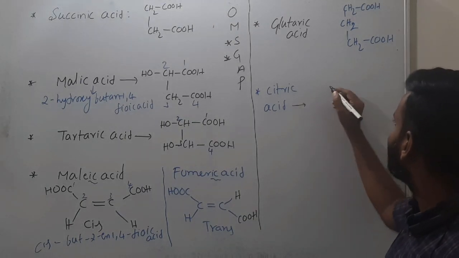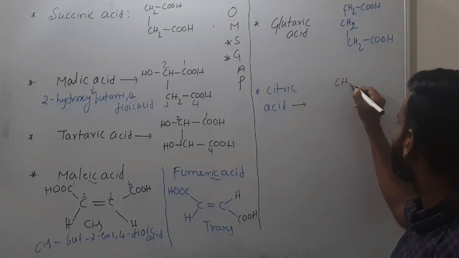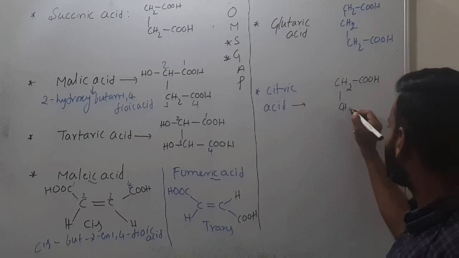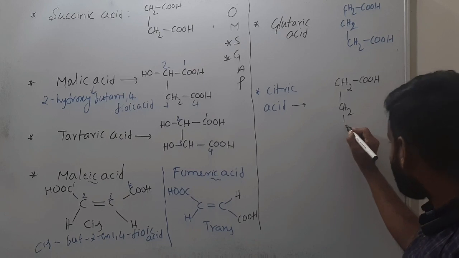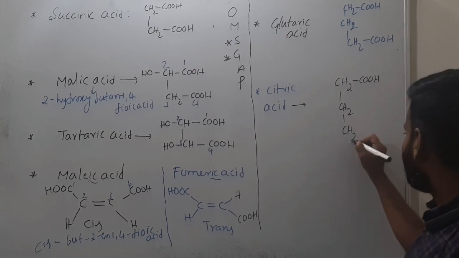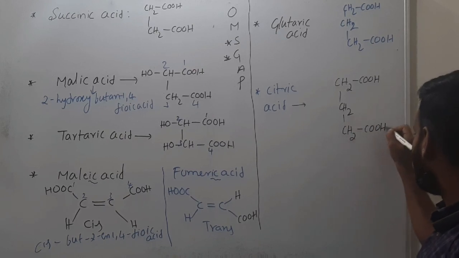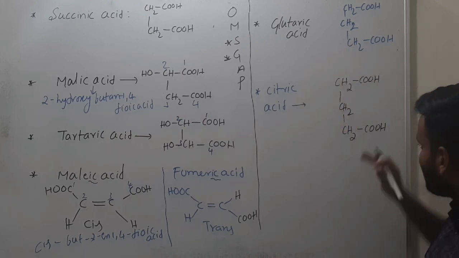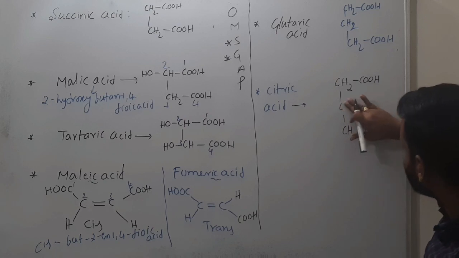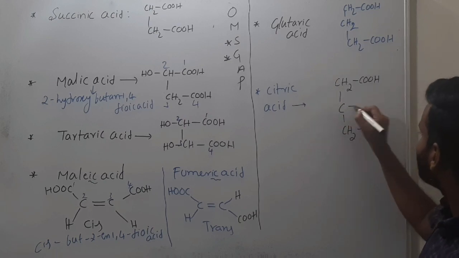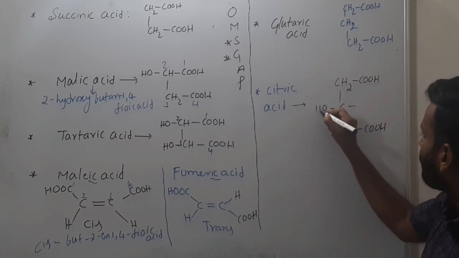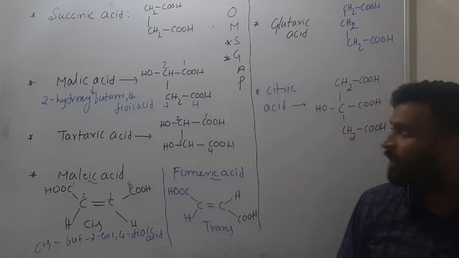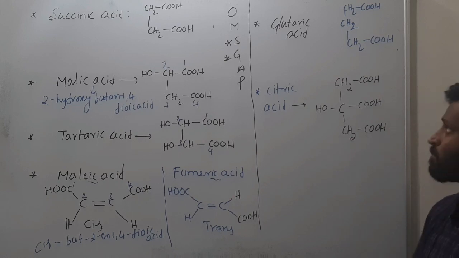So citric acid, if you see here, CH2COOH and CH2 and here CH2COOH. Just here only, you have 2 hydrogens in glutaric acid. So there you just remember one is OH and one is COOH if you write, that is called citric acid.